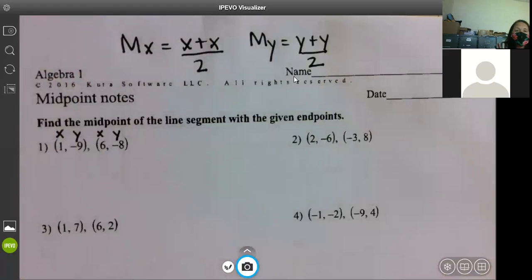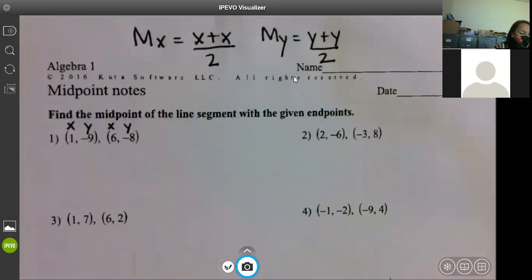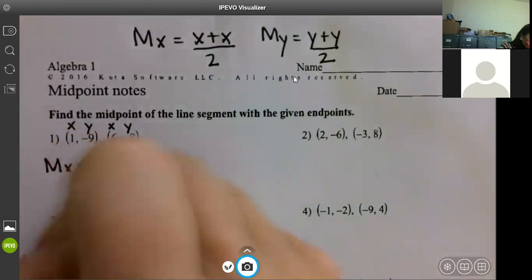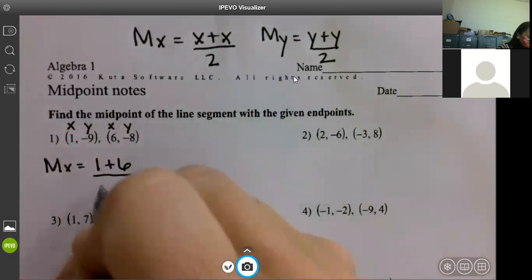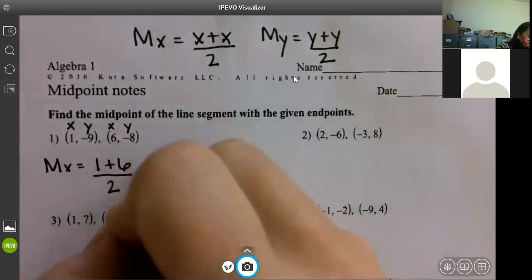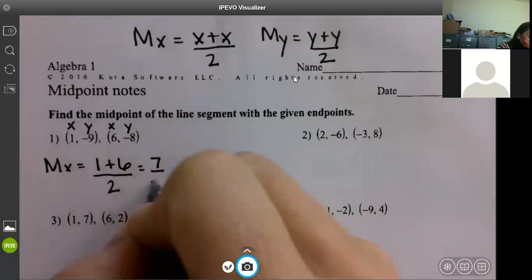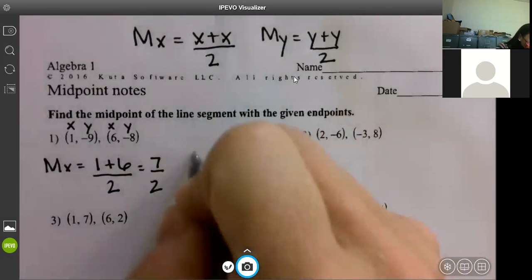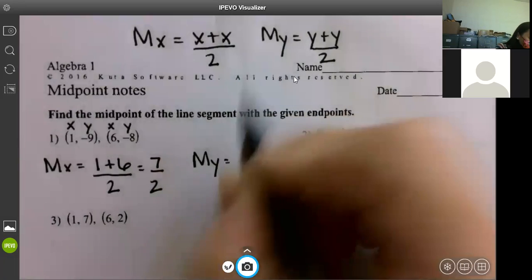Here's your coordinate, your x's and your y's. So to find your midpoint x, you take both x's, our x's are 1 and 6, and you add them up and divide them by 2. We get 7 over 2. That will not reduce. Leave it just like it is. I do not want you to give me the decimal. Leave it just like that. To get your y coordinate, you take your y's.